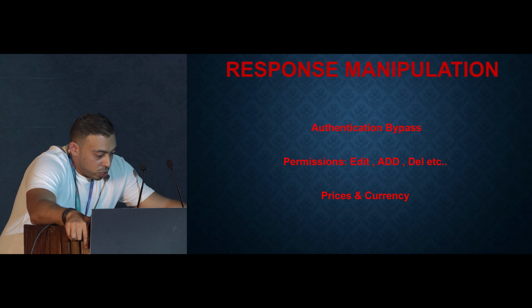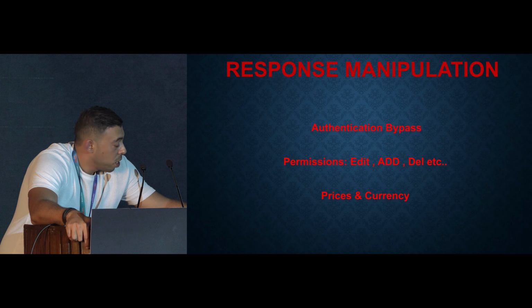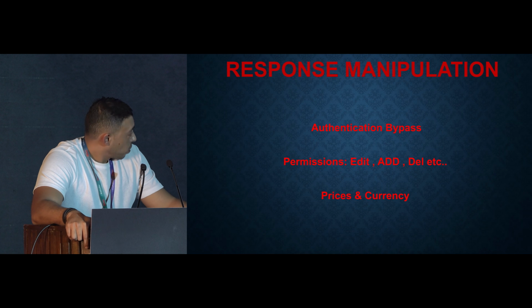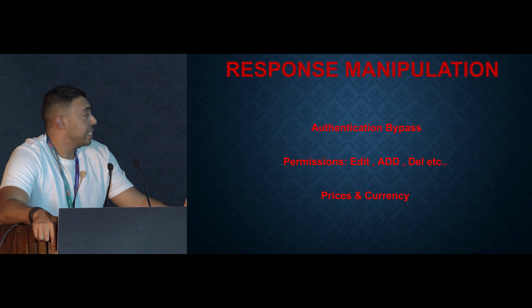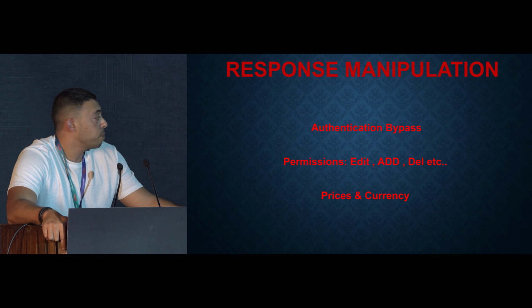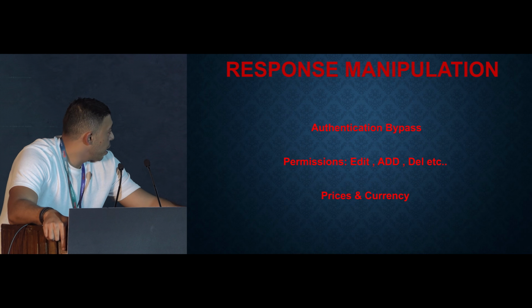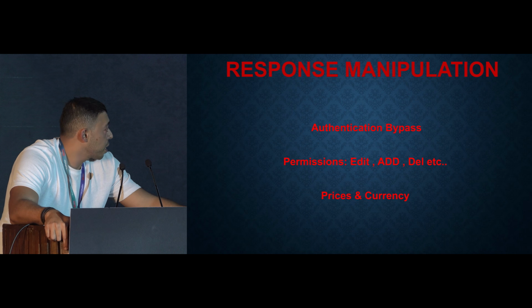Now, the response manipulation part. We are now going to talk about some authentication bypass cases by response manipulation, and permissions such as edit, add, delete, and prices and currency.